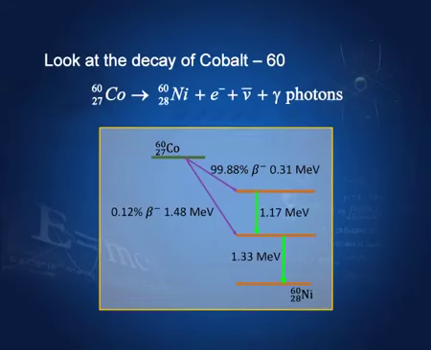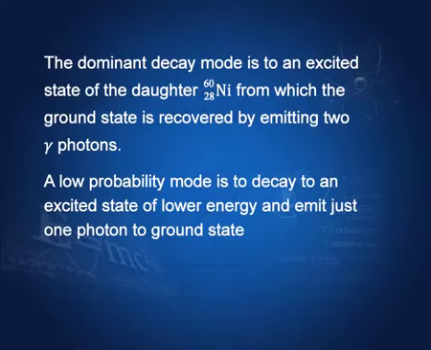So, there can be more than one gamma emission depending on how the nucleus decays. Most of the time it decays by this route, which leaves the nucleus in this state, and this may come down by emitting 2 gamma particles. In rare cases, it leaves the nucleus in this state, which then comes down by emitting 1 gamma particle.